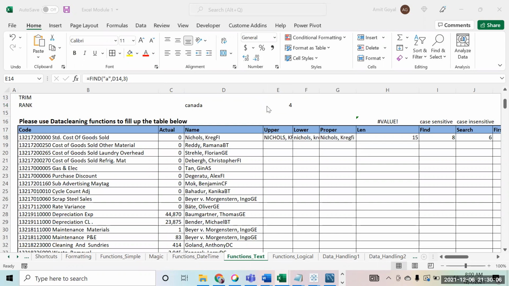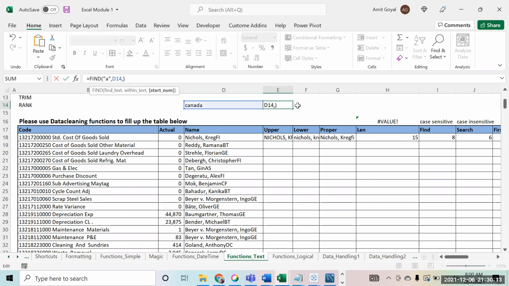We can use formulas within formulas. Where I'm writing 3 over here, I will remove that 3. I will again apply the same find formula. I will say find A in this text, close the formula, plus 1.